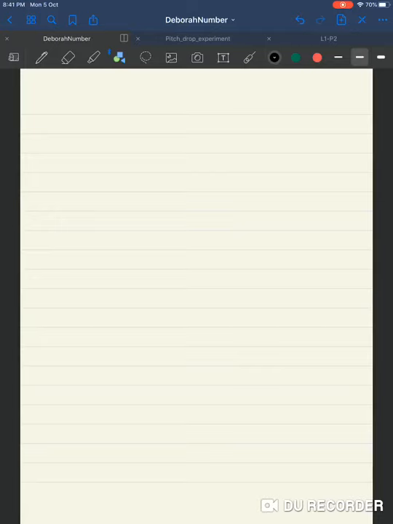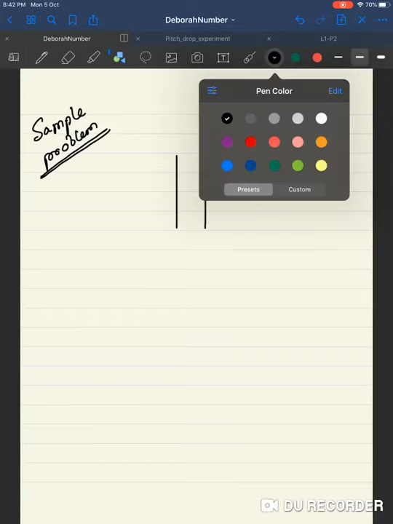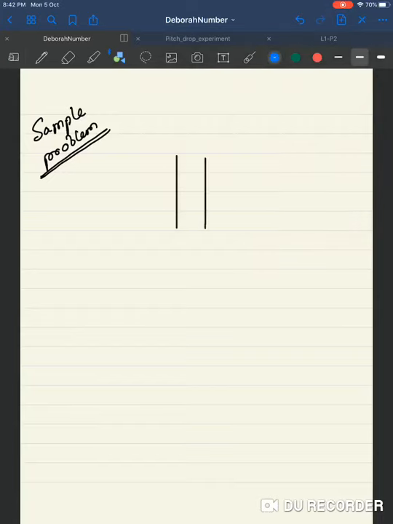I will leave you with a sample problem for you to do. The sample problem is that of a tube dipped in liquid in an open container. So let's say you have a tube, and the tube is open, so that's why I have not closed it. And it's dipped in an open container, so there's fluid in here.